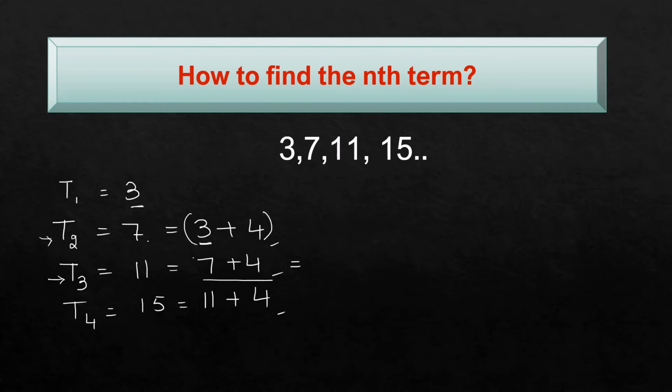So instead of the 7, I am writing 3 plus 4, plus 4. Now if I open it, what I observe, this is 3 plus 4 plus 4. Okay, so I keep it like this. Now I will use this representation of 11 over here.